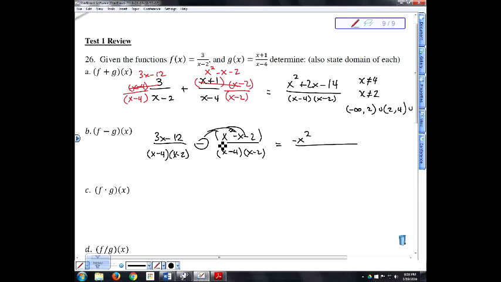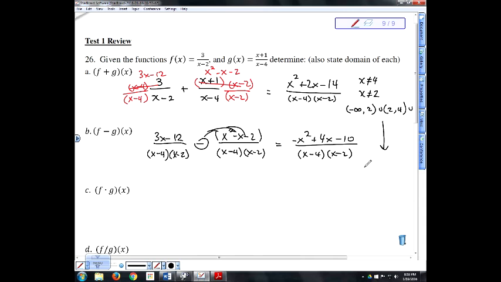This minus x is really a plus x now, because a negative times a negative is a positive, so we have an x plus 3x, which is 4x, and a negative times negative 2 is a positive 2, so negative 12 plus 2 is negative 10, and it's the same domain.